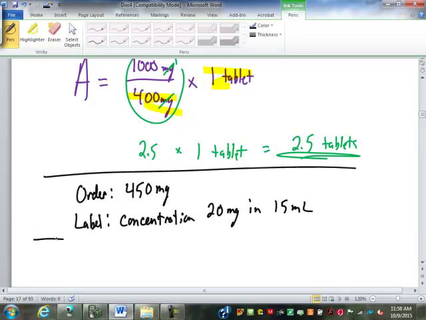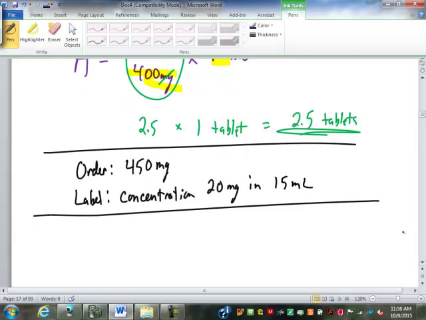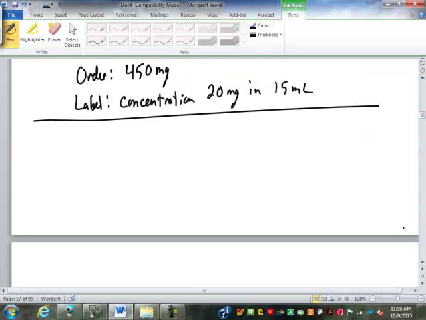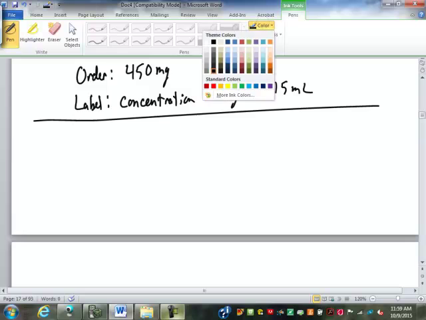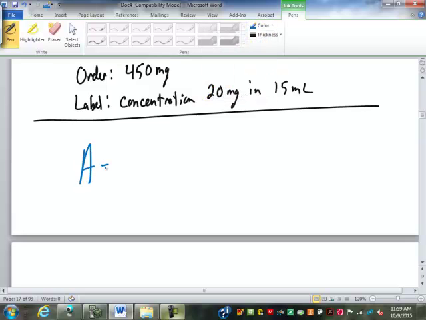Find the amount to administer to the patient. I'm going to pause for a second and see what you come up with. What goes on top of our fraction? 450 milligrams is the ordered dose. Perfect. What goes on bottom? 20. It has to be milligrams, so the only other milligrams in the problem is the 20. Times, what's our vehicle? 15 milliliters.